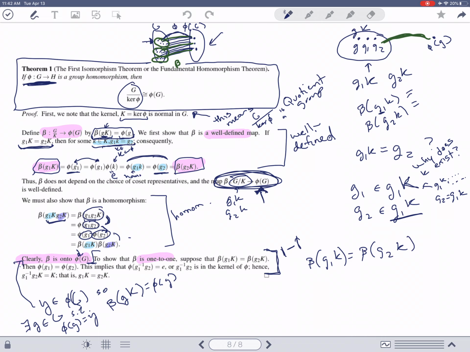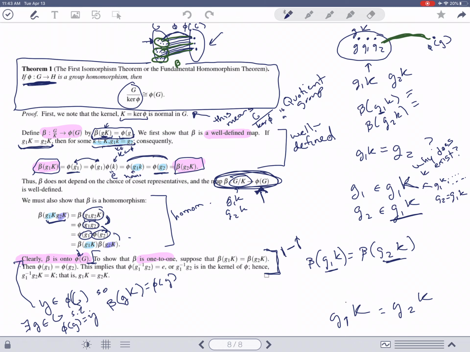And again, that's how we set up one-to-one: we pick out two arbitrary elements, and we say that their images are equal, and then hopefully conclude they must have been equal all along. So I know that these two cosets, I want to say that they're the same at the end, if it's in fact one-to-one. All right, well, let's take a look at how we could show that.